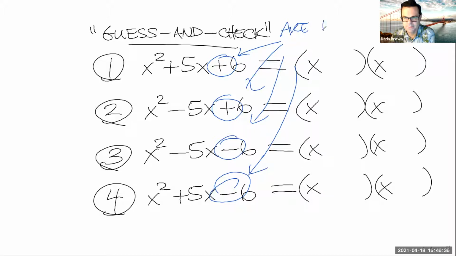So are the plus minus the same or different? Let me show you exactly what I mean. If this sign here is positive, then they're going to be the same. Since this is positive, this is going to be the same sign. But if it's negative, you're going to have opposite signs.